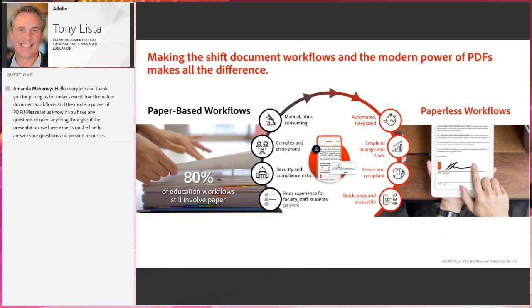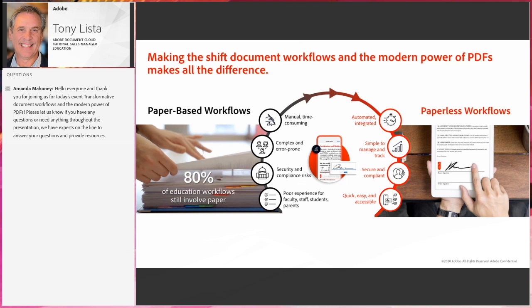I bring up this slide because we did some work with Forrester Research recently, and they worked with our clients across the spectrum. But one of the things that they pointed out is that 80% of workflows, when we use the term workflows, we think of moving a document from one person to another, sending it out, or collaborating on a document.